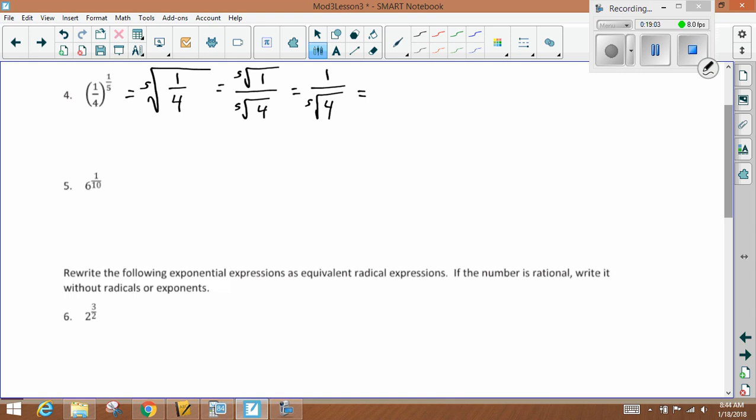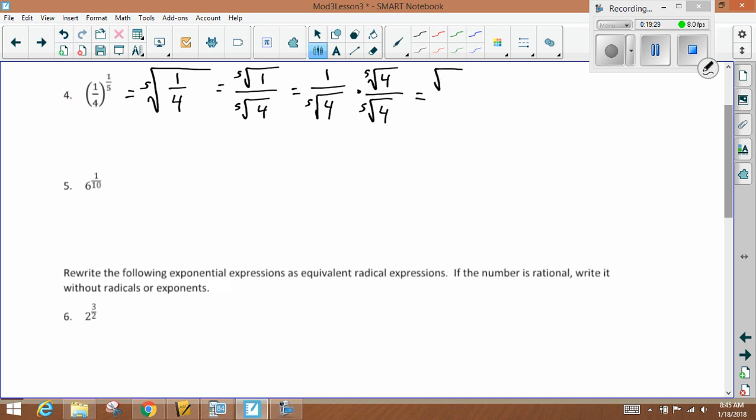And in order to get rid of them, what we're going to do is rationalize our denominator. Remember, we would do that by multiplying by some clever number 1. Our clever number 1 is the 5th root of 4 over the 5th root of 4, right? This is how we rationalize our denominator.